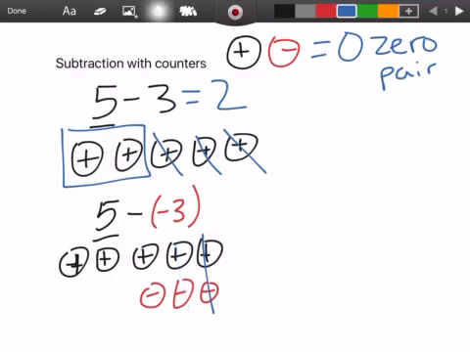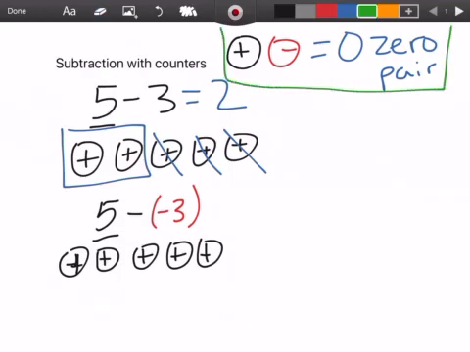So we need to think of a different way to get negative chips on the board without changing the value of our 5 positives. All right, that's where this guy's going to come in handy. What if we add 0? Remember that a positive and a negative equals 0. So if I add a positive and a negative, I've just added 0. This is 5 plus 0, which is still 5.